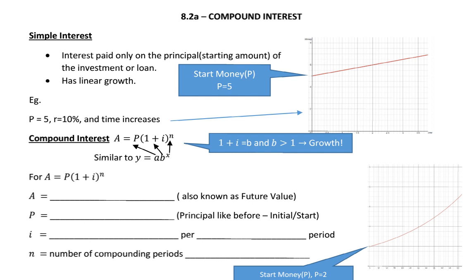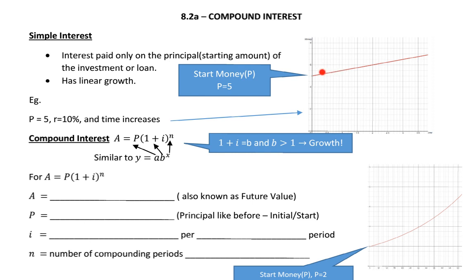Okay, all right. So now let's move on to our lesson for the day. Now, when we talk about compound interest, let's do a quick review of the information that we studied before. We took a look at simple interest. Simple interest is basically interest paid on the starting amount, the principal of a loan. So imagine if we start here and we have a 10% increase.